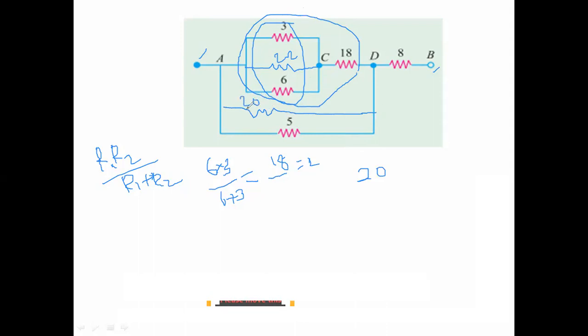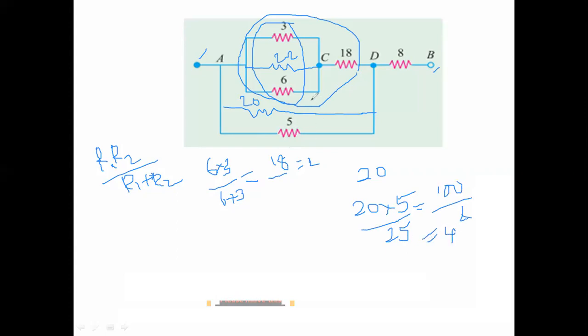Now 20 ohms and 5 ohms are in parallel. So how can we reduce 20 and 5? That is the R1 R2 by R1 plus R2 formula. 20 into 5 by 25. 20 into 5 is 100, and 100 by 25 gives 4.